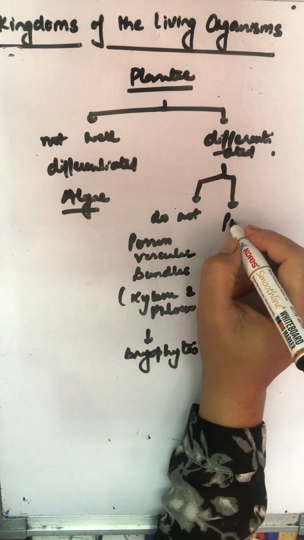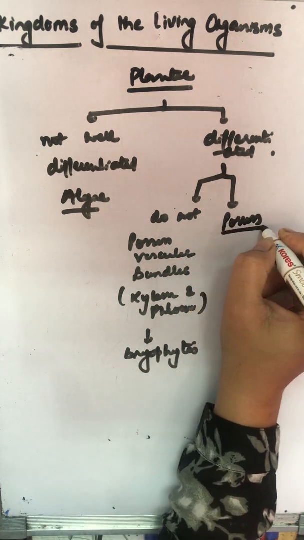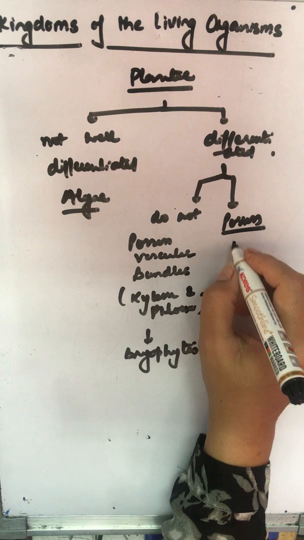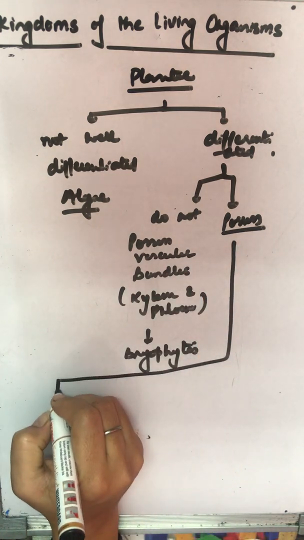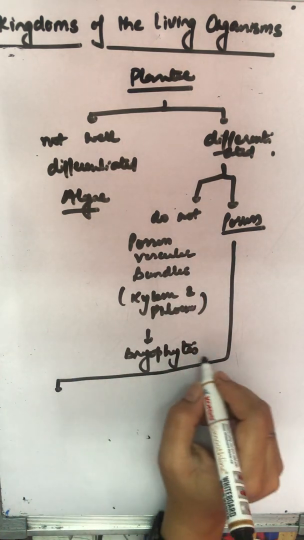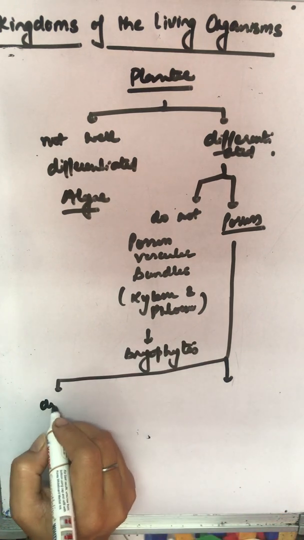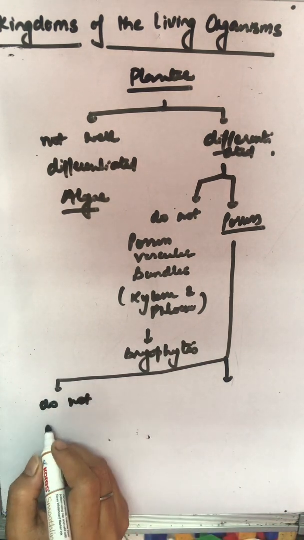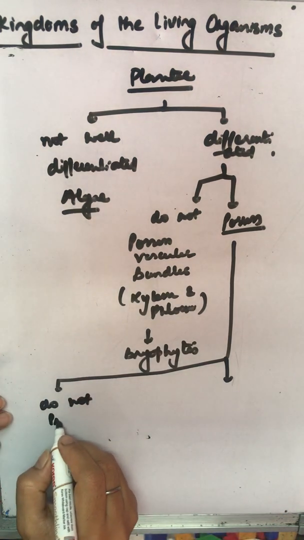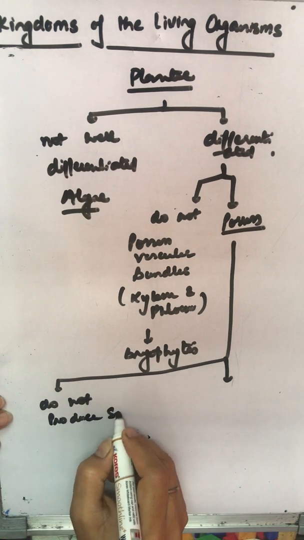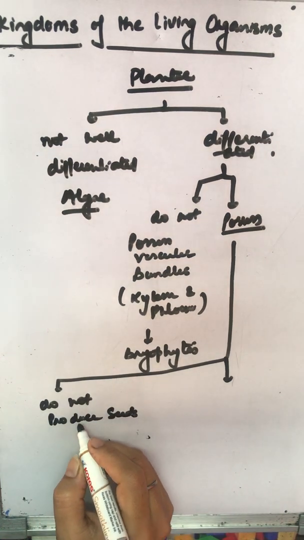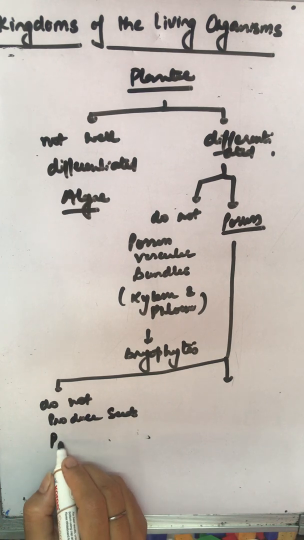When they possess these vascular tissues, we divide them into two further categories. The ones which do not produce seeds, we call pteridophyta.